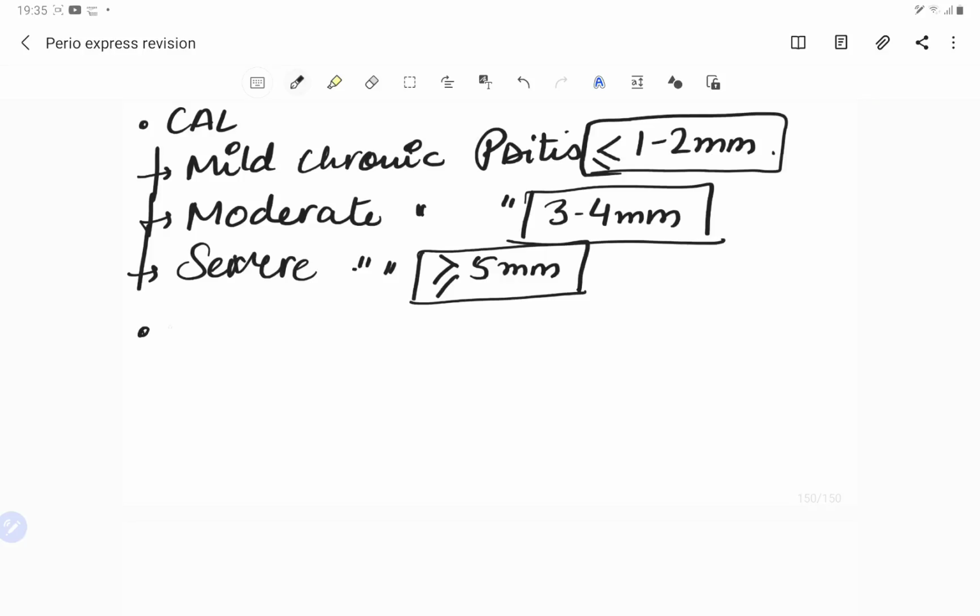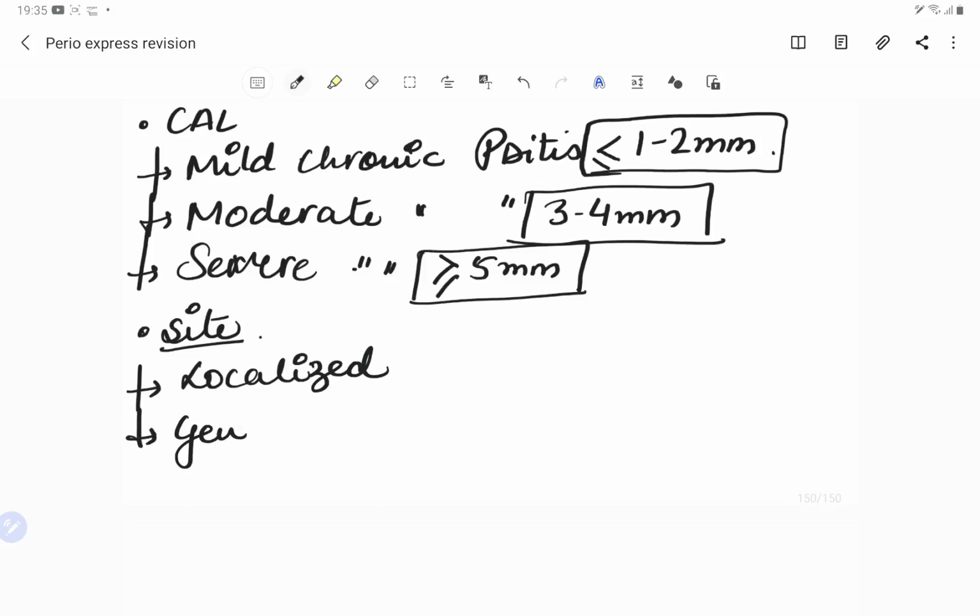Based on the site also, we can classify chronic periodontitis into two parts. One can be localized chronic periodontitis, and it can be generalized chronic periodontitis. So guys, localized is when the lesion or the disease occurs in a specific area, that means in a specific site.